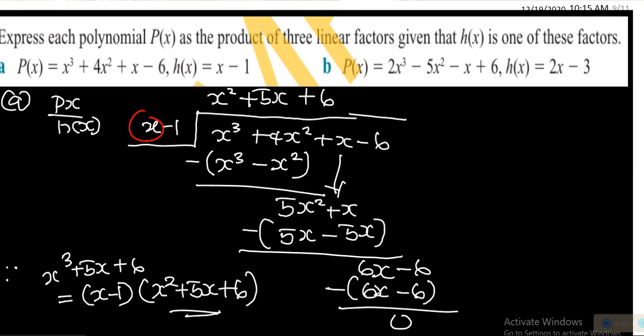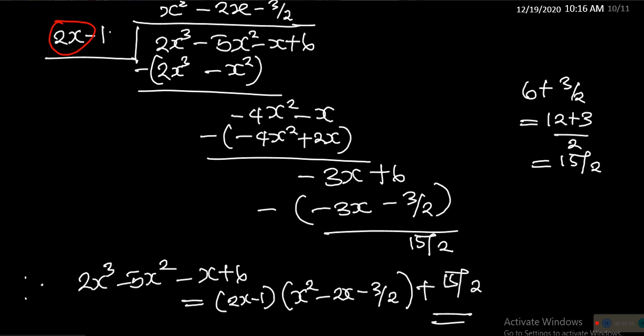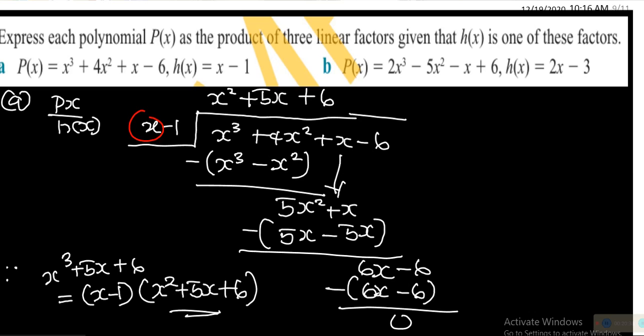So express this polynomial P of x as the product of three linear factors, given that each of x is one of the factors. Okay, now 2 of x minus 3. Oh, good. So I have copied the question wrongly here. It should have been a factor, but I used 1 instead. Okay, so let us just change this to 1, because we have used minus 1 over there.